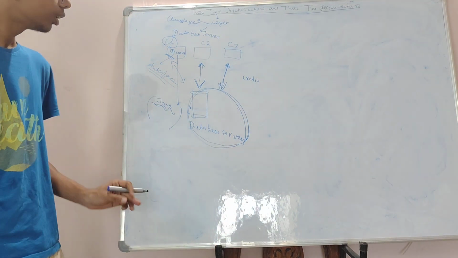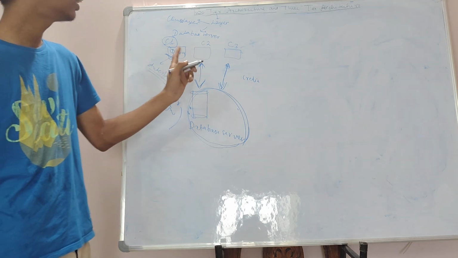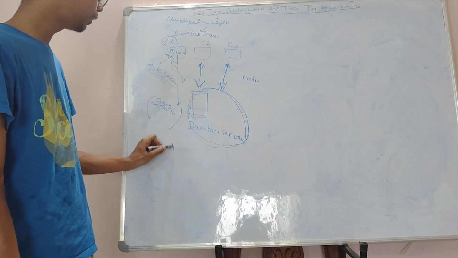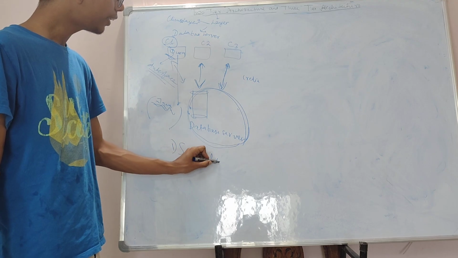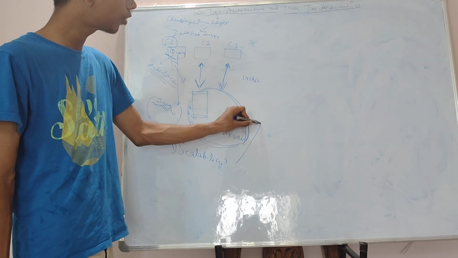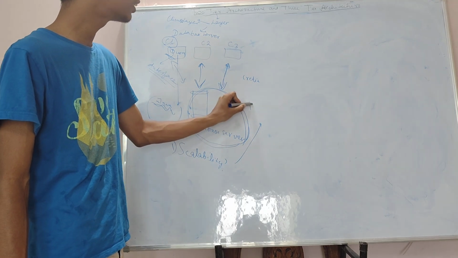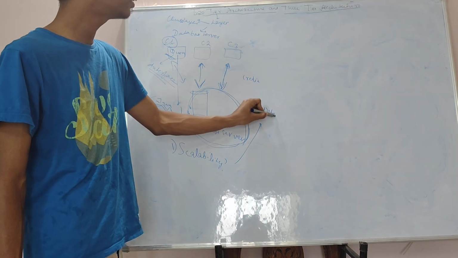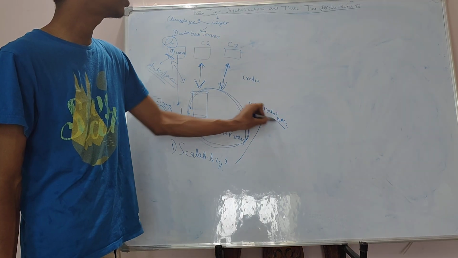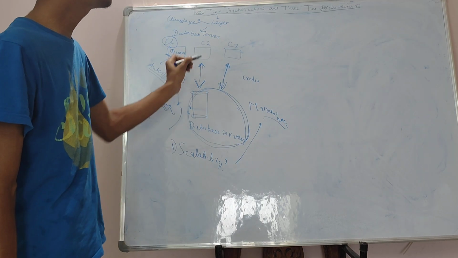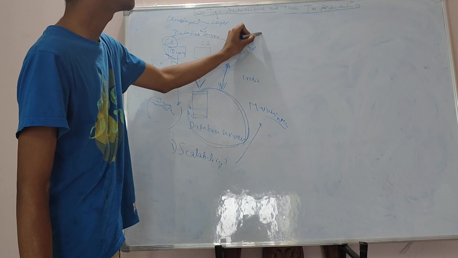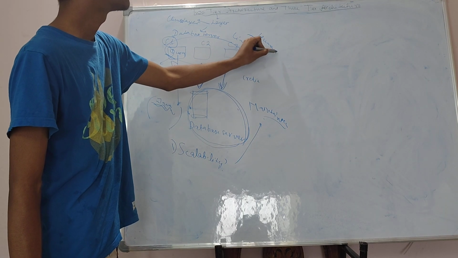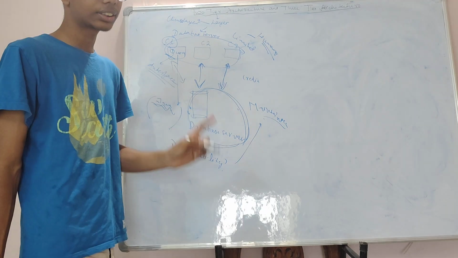Right. Now, the limitations of two-tier architecture are, first, scalability. Why scalability? For that, you first have to understand its advantage, that is maintenance. To maintain two-tier architecture is very easy. Why? Because there is a limited number of clients, and these are all human beings, for example, clerks.